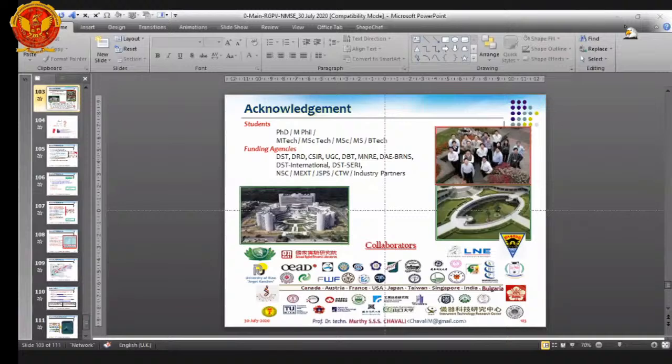Any questions? Yes, I have a couple of questions. Once it comes to gas sensing, if in environmental monitoring we focus only on carbon dioxide, CO2 sensing, the problem is there are other gases as well.